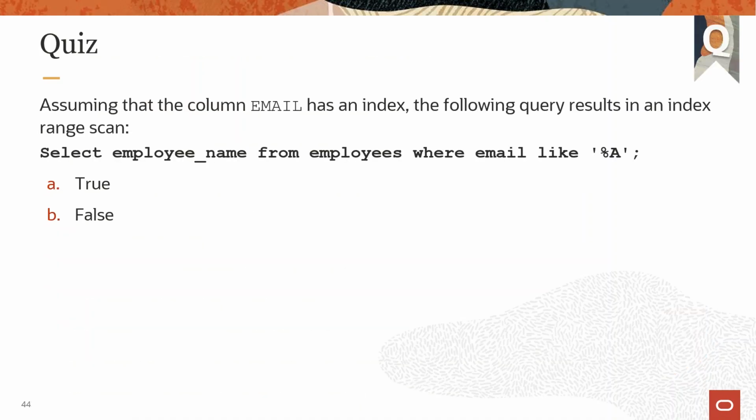There is a small quiz. Assume that the column email has an index. Will the following query use the index upon the email column? So you say, look, I would like to obtain from the employees table all those people whose email address ends with the letter A. Well, because the wildcard search is in a leading position, so it's at the start of the search string, it will not result in a range scan, because an index, if you create it upon a character column, sorts alphabetically starting with the first character.